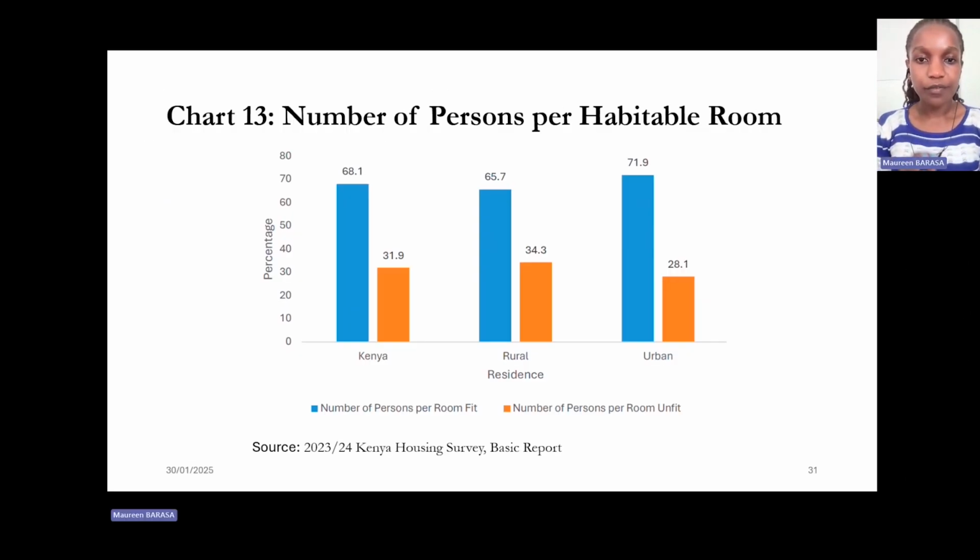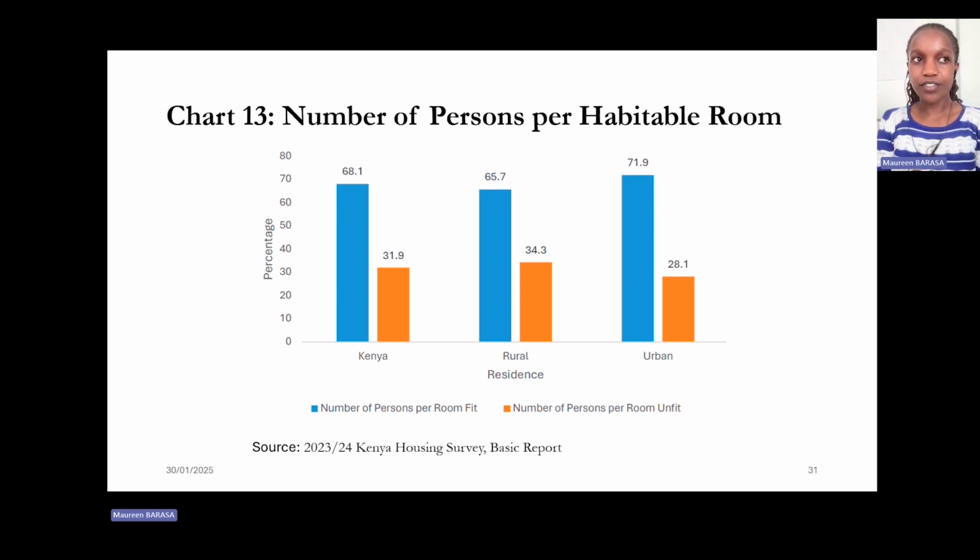Then the number of persons per habitable room. This just shows households that were fit for habitation and those that weren't. And at the national level, at least 68.1% of households were fit for habitation, while 31.9% of households were unfit for habitation.